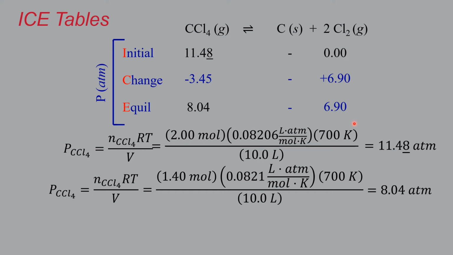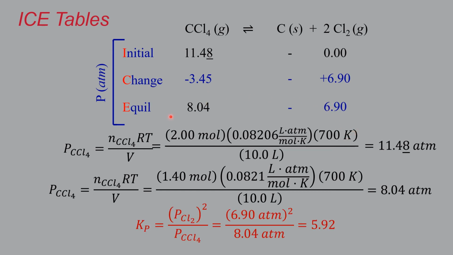And now we have everything we need to calculate the Kp for this system, namely this pressure and this pressure. I'm just going to plug it in. It's going to be the partial pressure of chlorine squared divided by the partial pressure of the carbon tet, and that gives us 5.92, and we will need to remember that number for the second half of the problem coming up next.